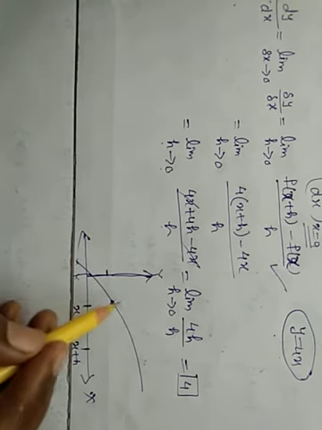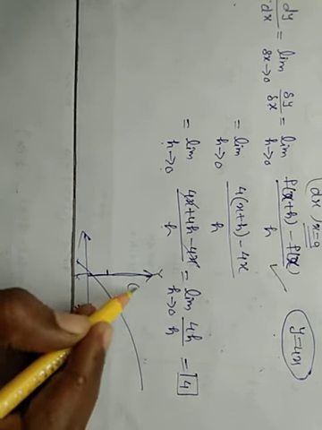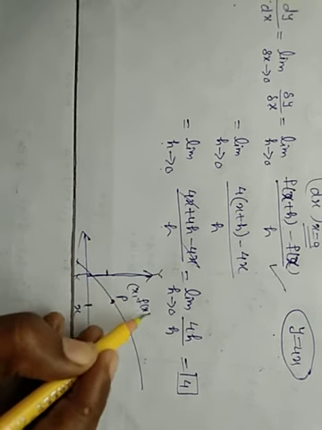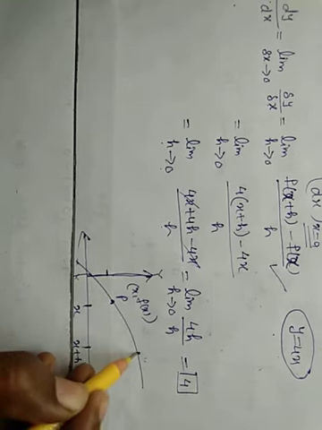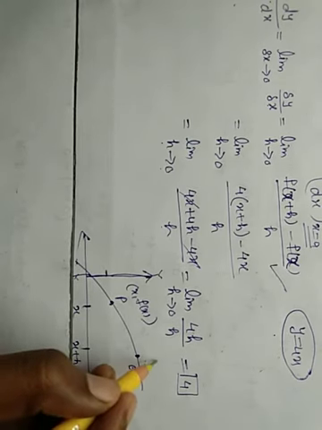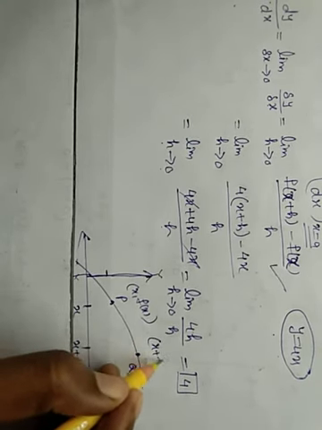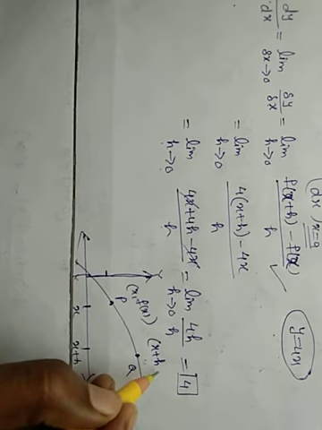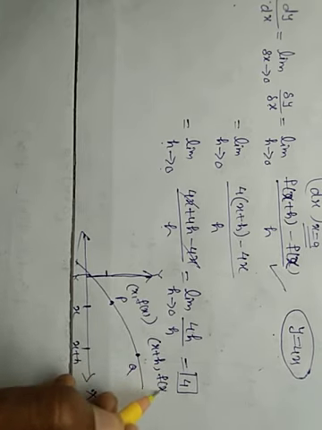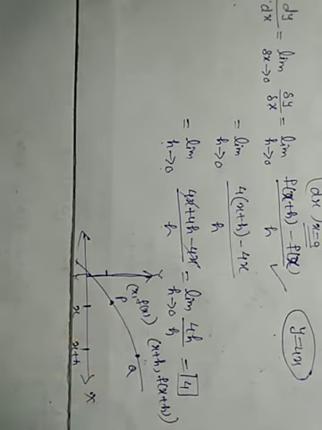Then this point P is going to be x comma f of x, and suppose this point Q I am taking, it is going to be x plus h comma f of x plus h. It was there in 11. Done?